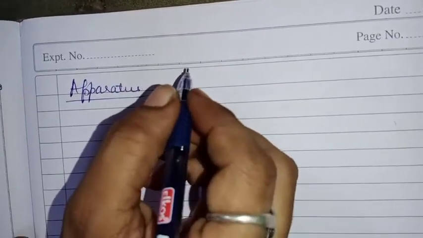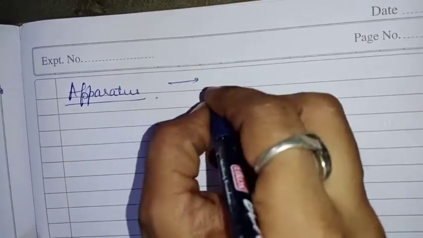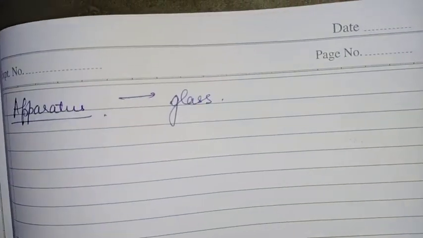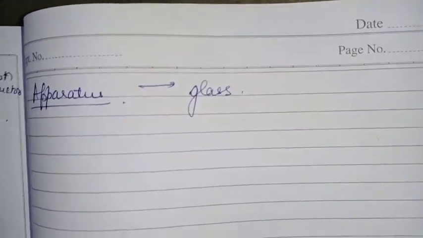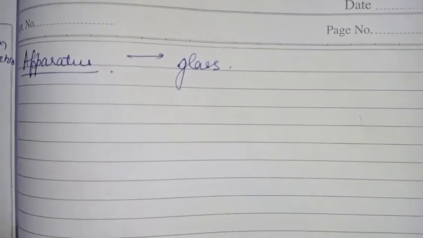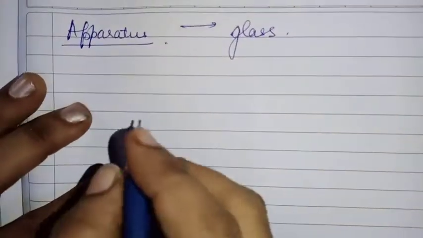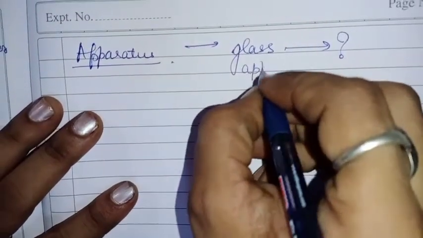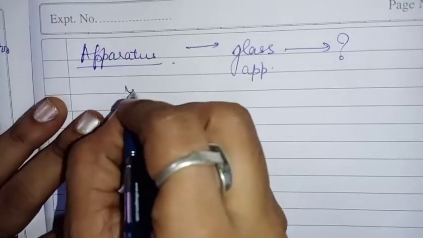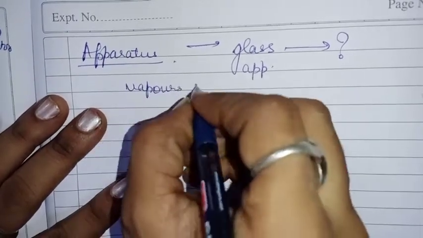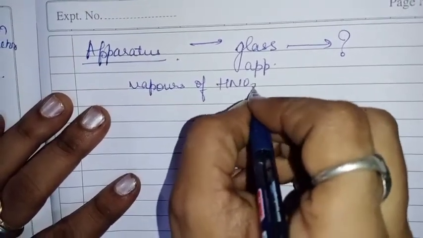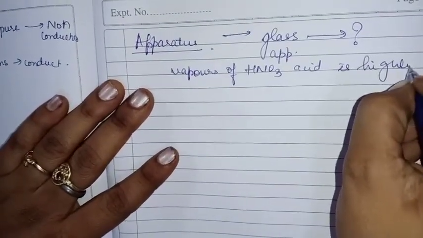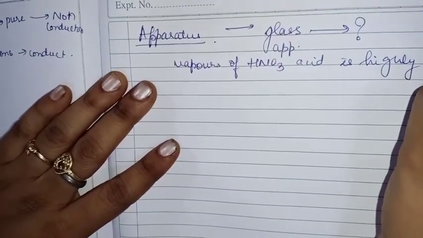Now I have shown you the apparatus is made up of glass. All the apparatus is made of glass. Why is glass apparatus preferred? Because the vapors of nitric acid, HNO3, are highly corrosive, children.